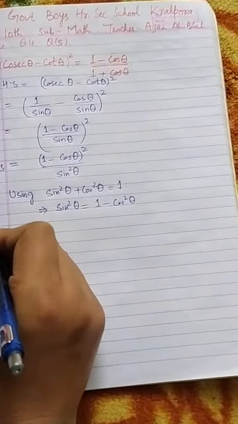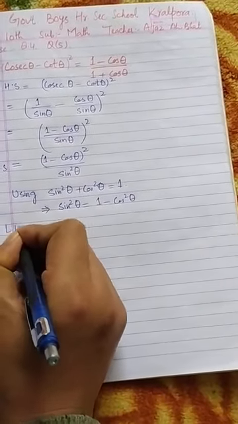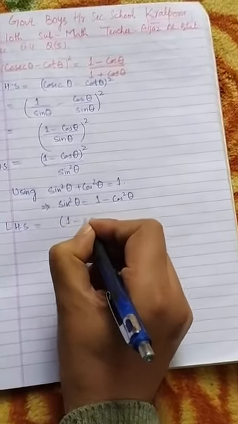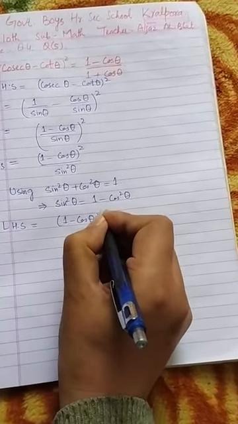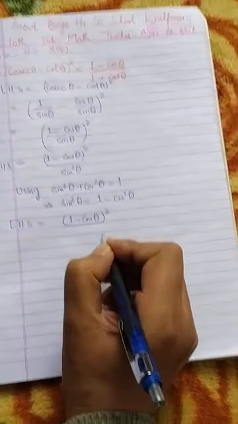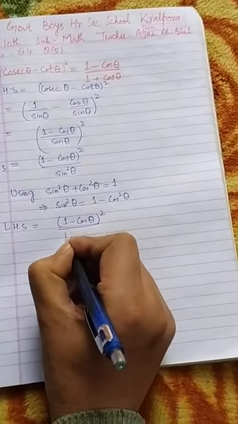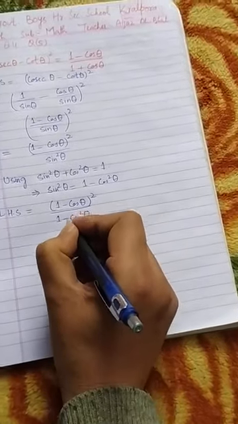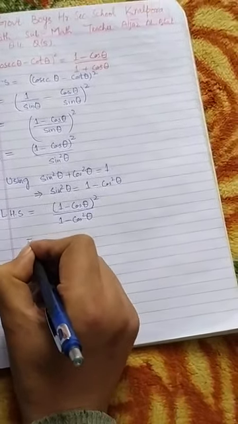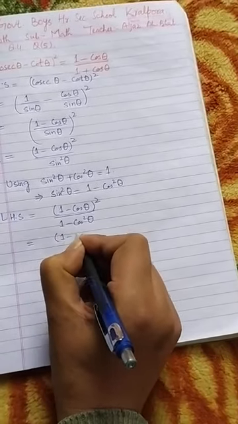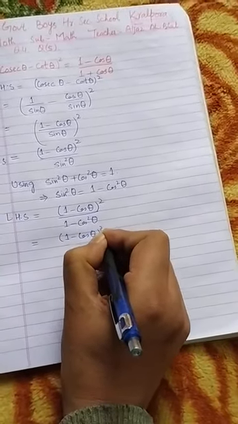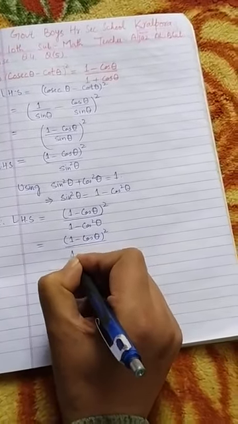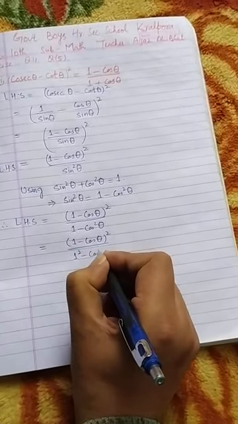Therefore, the LHS becomes 1 minus cos theta whole square divided by 1 minus cos square theta. I can also write this as 1 minus cos theta whole square divided by 1 square minus cos square theta.